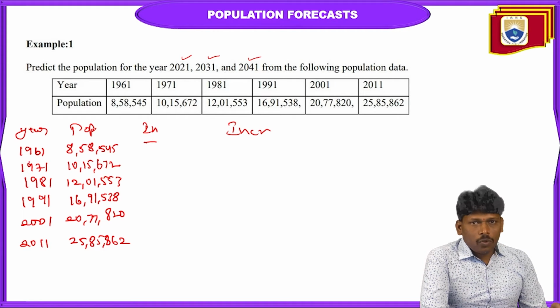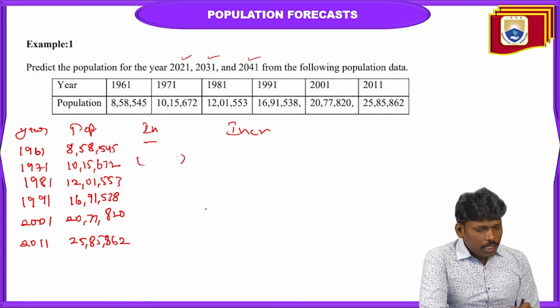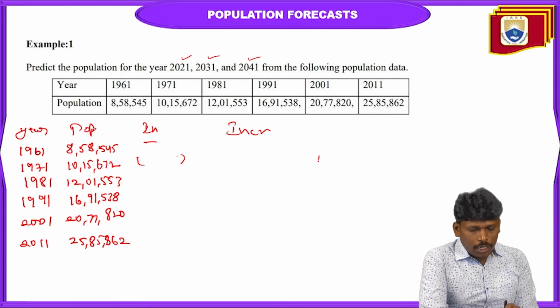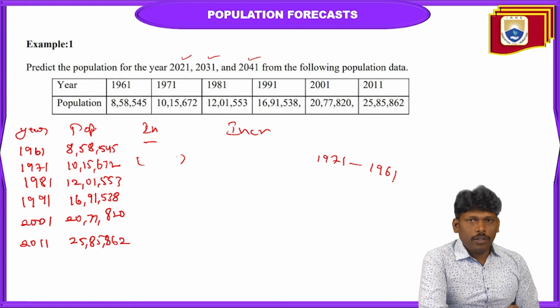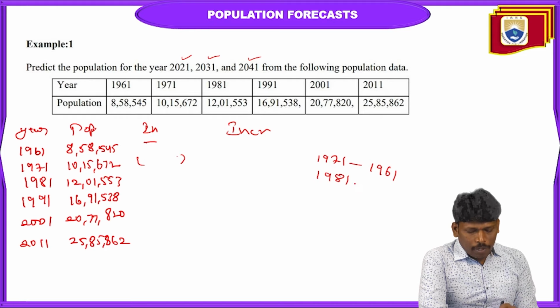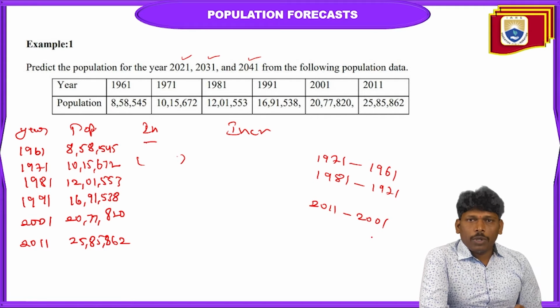To calculate the increase for 1971, it is simply the population in 1971 minus the population at 1961. Similarly, for 1981, it is the population in 1981 minus 1971. And for 2011, the increase is equal to the 2011 population minus the population at 2001.